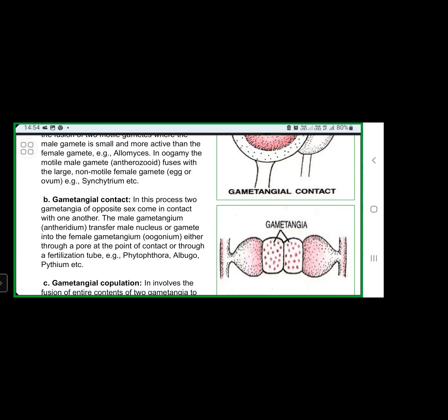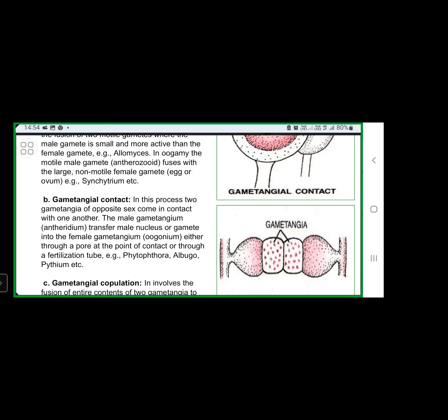Once they come in contact, at the point of contact their cell walls will rupture or dissolve. As a result, the contents of these two gametangia will be fused. That kind of reproduction is called gametangial contact.